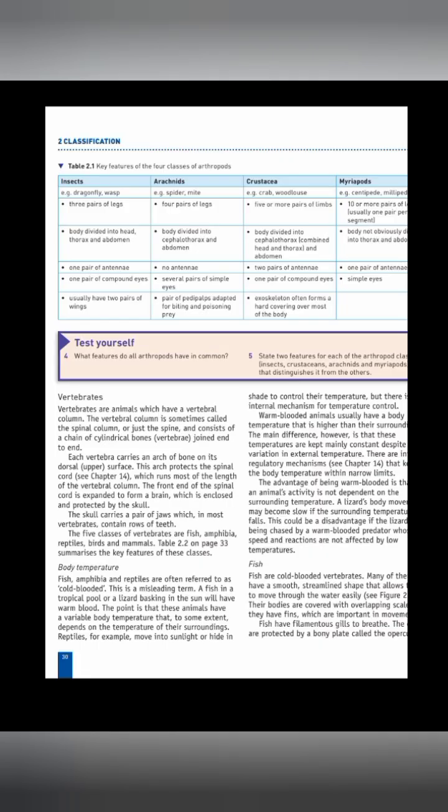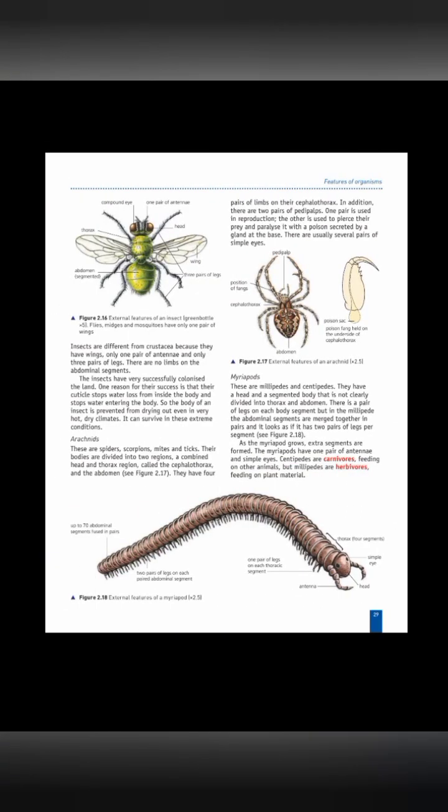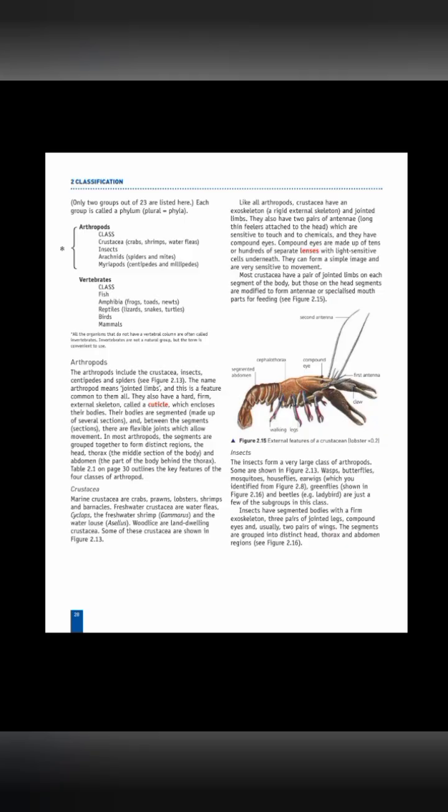Now we will go through the key definitions. Arthropods: an invertebrate animal with jointed limbs, a segmented body and a hard external exoskeleton. This is the basic definition that you have to learn. Next is insect.